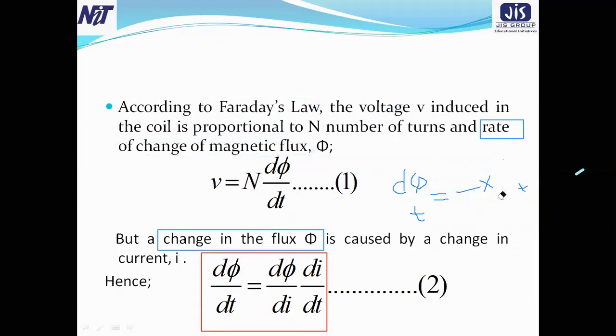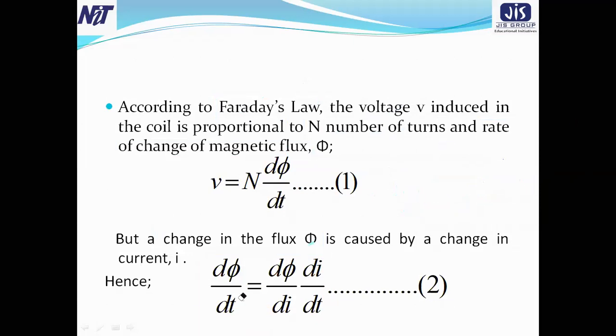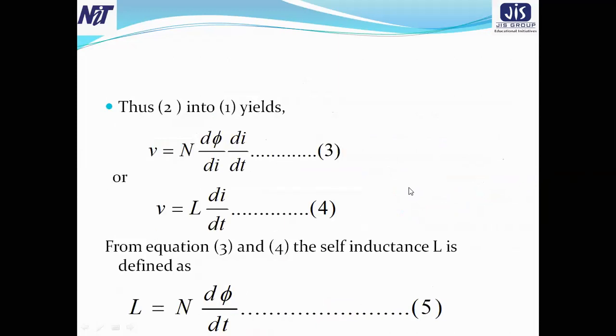Now, please remember this equation, equation 2, for a better understanding of self-inductance. Thus, putting equation 2 into 1, V equals N, replacing d phi dt with d phi di into di dt, which is equation 3. Then you can say that V equals L into di dt.